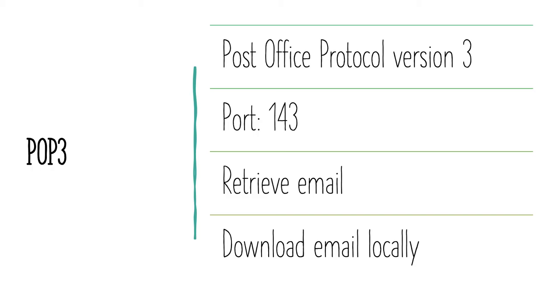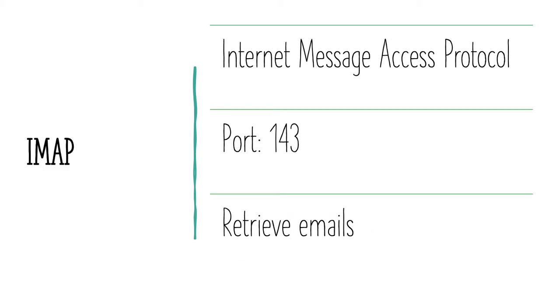POP3 downloads emails from the server and they are then only available locally on the system they were downloaded on. IMAP, which stands for Internet Message Access Protocol version 4, uses port 143 and it's used for retrieving emails too. IMAP does not automatically download emails. Users can use IMAP4 to view their emails from any location because they're not downloaded locally.